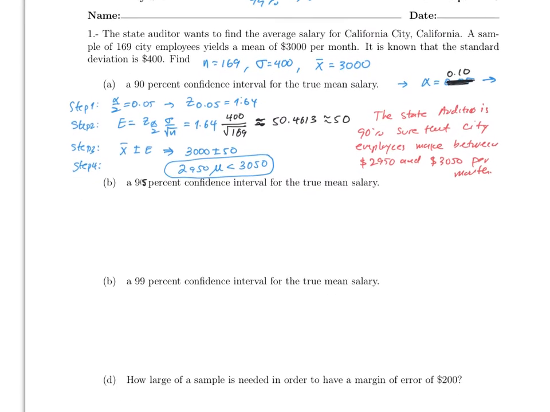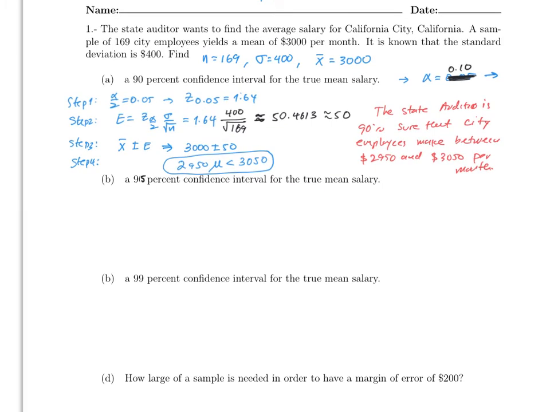All right, so then 95% is essentially the same thing, except now for step 1 we're going to use 0.025, which will be 1.96, right? And then for step 2, E will be 1.96 times 400 divided by the square root of 169. Did anybody compute that?